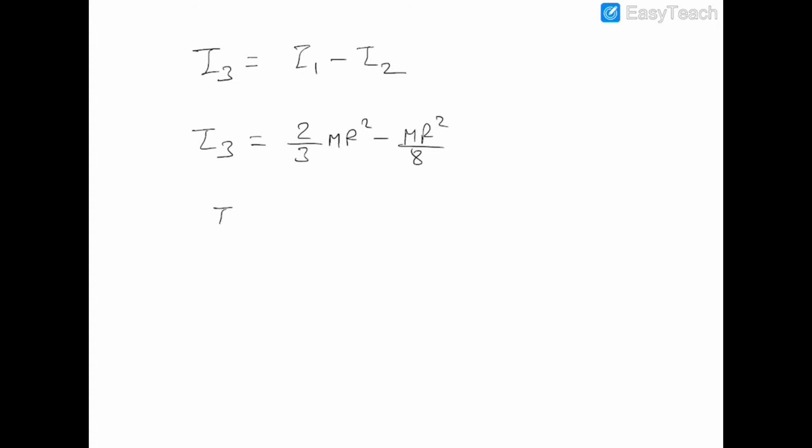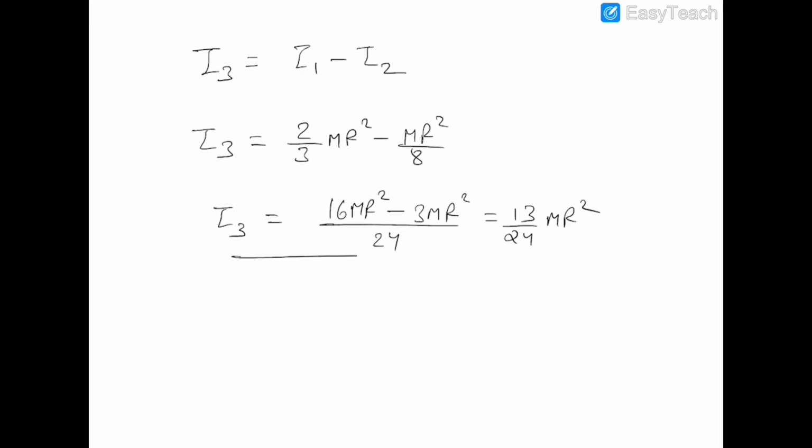If we find the LCM, it would be 16 mr square minus 3 mr square, which is equal to 13 by 24 mr square. This is the value of the moment of inertia of the object formed by removing a smaller disk from the bigger disk. Thank you.